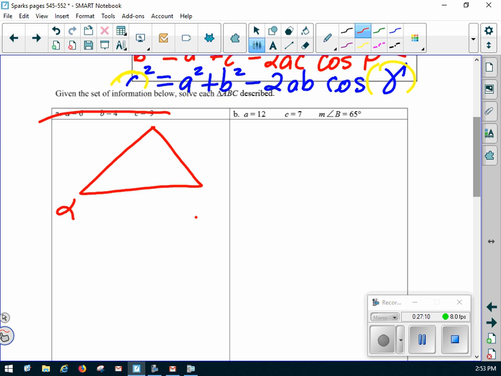Alpha, beta, gamma, little a, little b, little c. Now that's not really to scale either, is it? Because that's a longer side than C, but oh well. And B is 65 degrees.